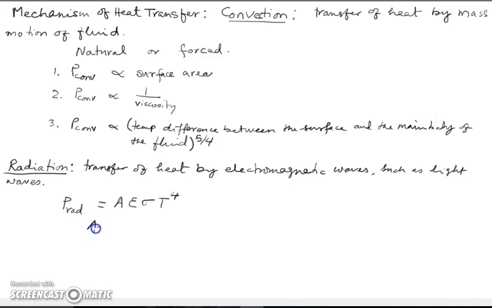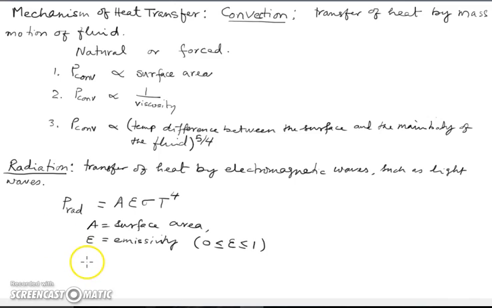A is the surface area. Epsilon is called emissivity, and its value lies between 0 and 1.